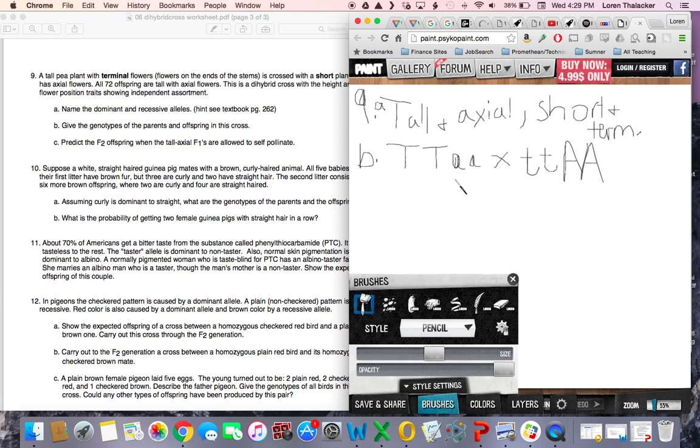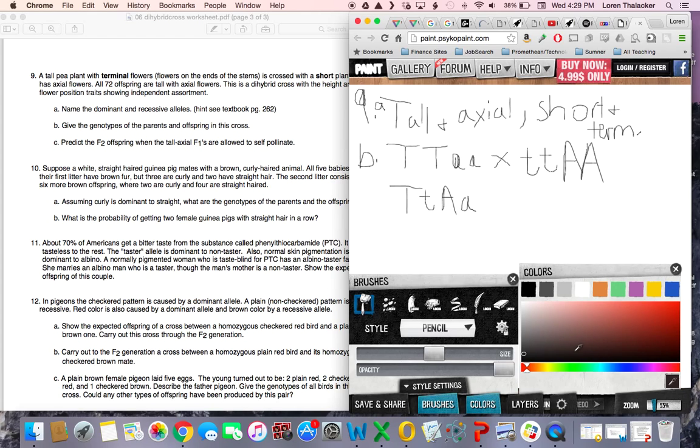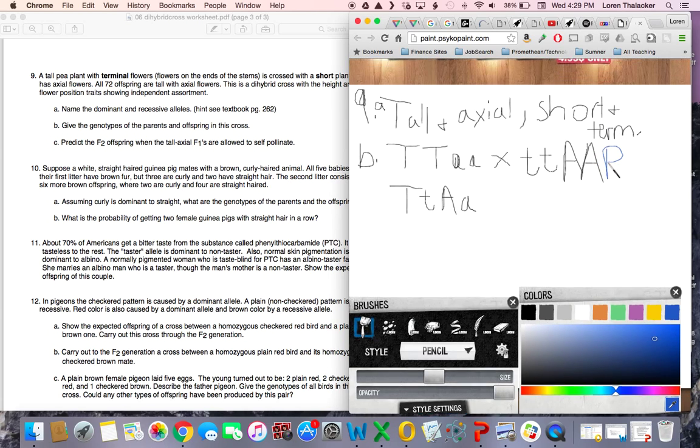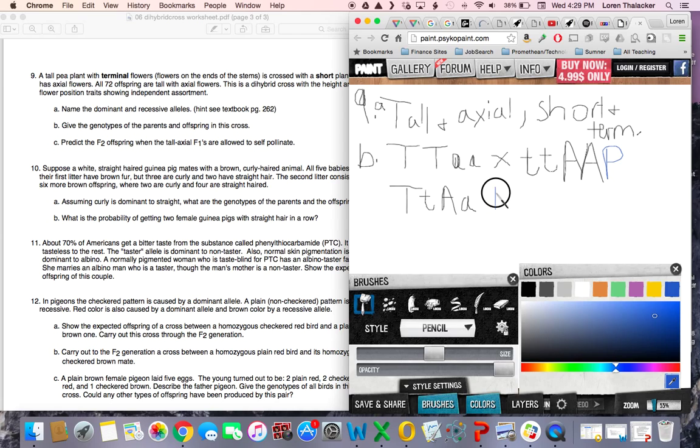Okay, so when we cross those, you're going to end up with a big T, little t, and a big A, little a in your F1 generation. So this is your, let's pick a different color here. So this is your P generation. This is your F1 generation.